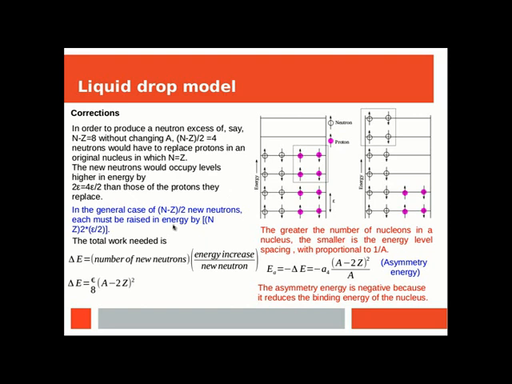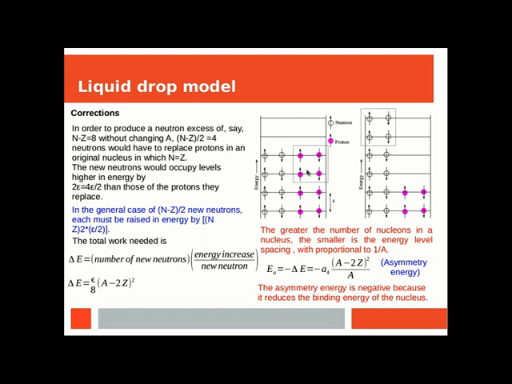The first one here is the asymmetry energy, which arises because of asymmetry in the arrangement of nucleons. Suppose we have a nucleus having an equal number of neutrons and protons, so they can be arranged in the energy levels like this.